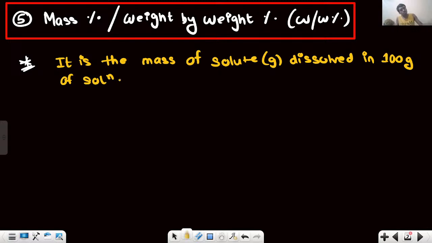Did you understand? So how much solute will I dissolve in 100 gram of solution? That is my mass percent or weight by weight percent.